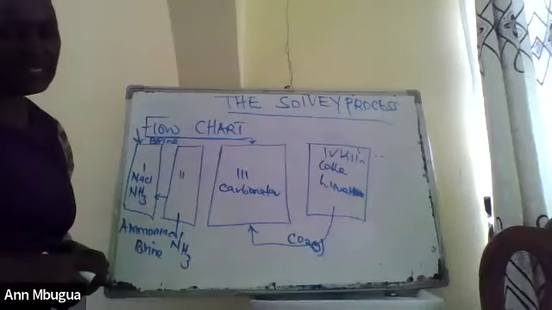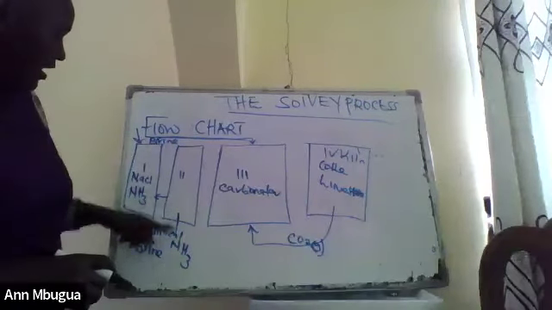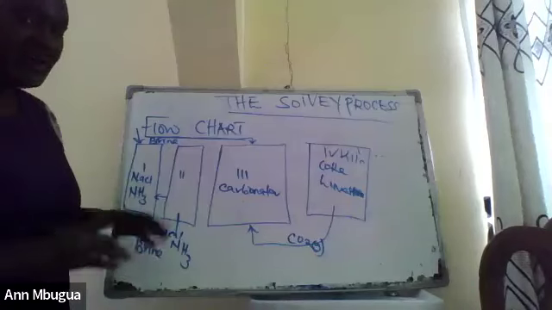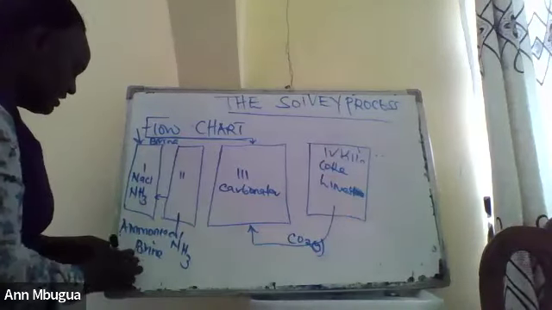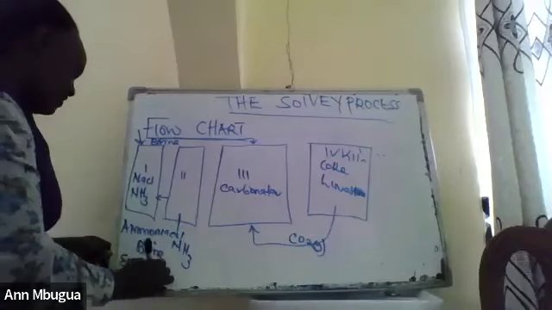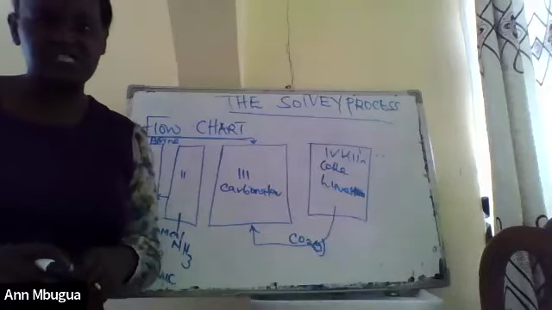So what happens? When the ammonia and the sodium chloride are combining to form the ammoniacal brine, the process is exothermic. Exothermic means a lot of heat is evolved.